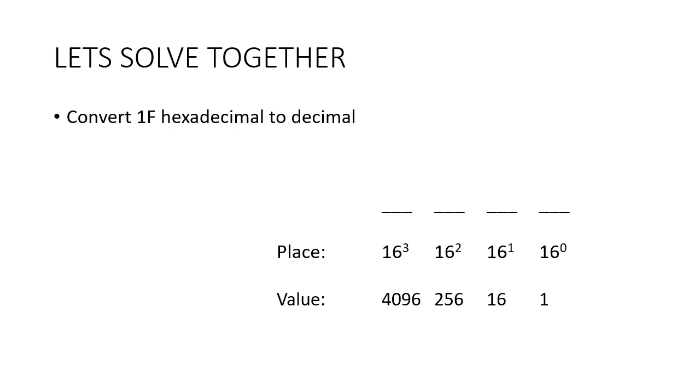All right, we're going to do one more together. It says convert 1F hexadecimal to decimal. So, let me get my pen out here. Plug in our values. We have a 1 in the 16th place and an F in the ones place. This is 16, right?